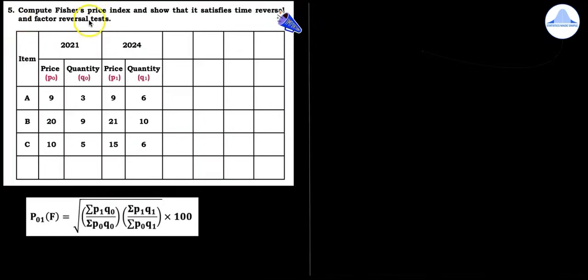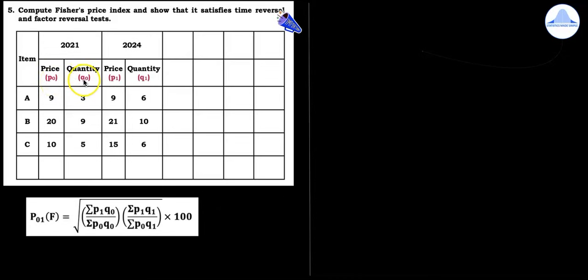Fifth question: compute Fisher's price index and show that it satisfies time reversal and factor reversal tests. So this is a very important question. We have items which are given, and 2021 is the base year, 2024 is the current year, and the prices and quantities in the base year and current year are given. So the first step is to mark the columns correctly.